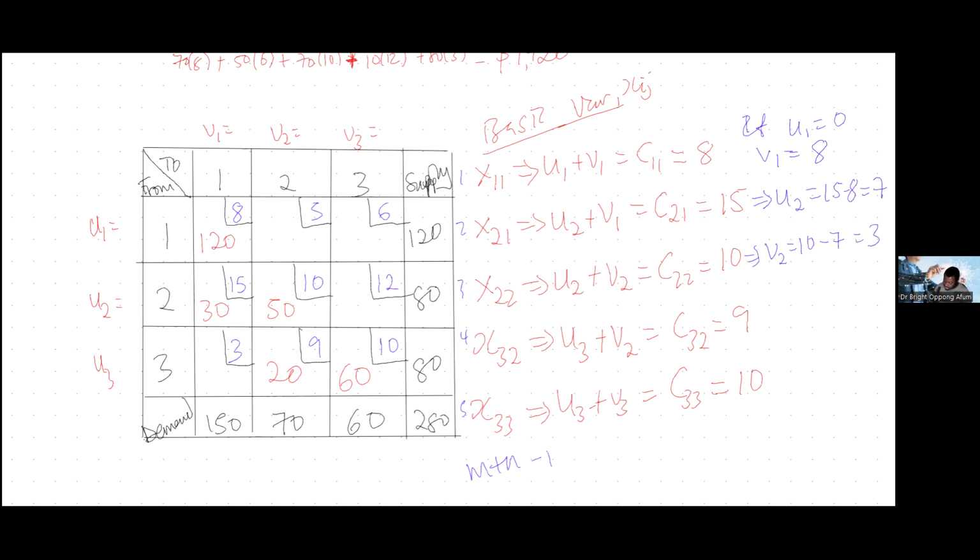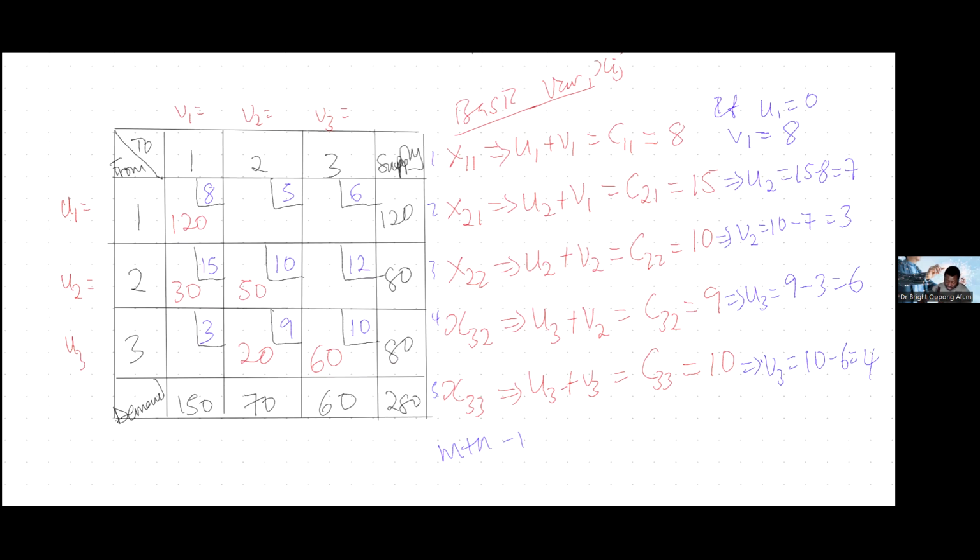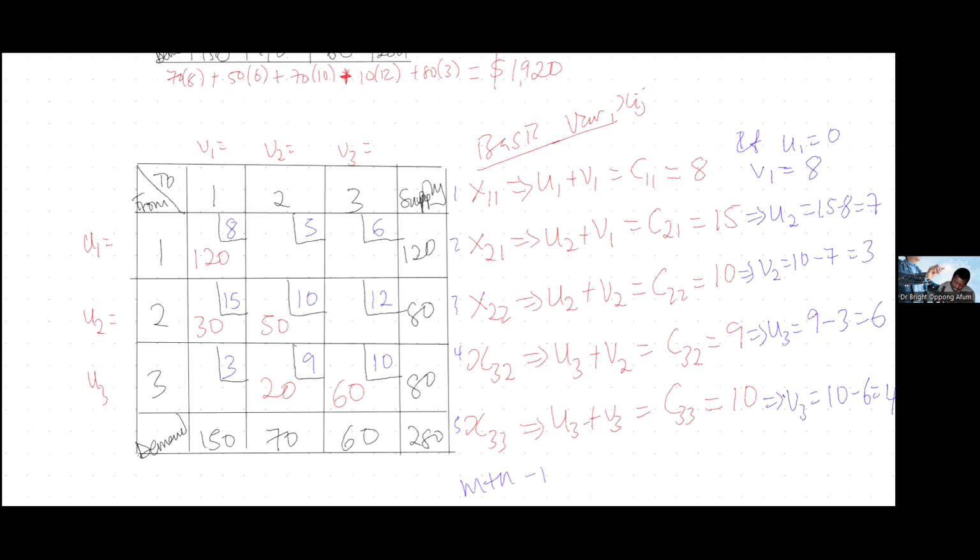In this equation, we don't know U3, so U3 is equal to 9 minus the V2, which was 3, that is 6. Then for the last one, we know U3, so V3 is equal to 10 minus the 6, and that is 4.